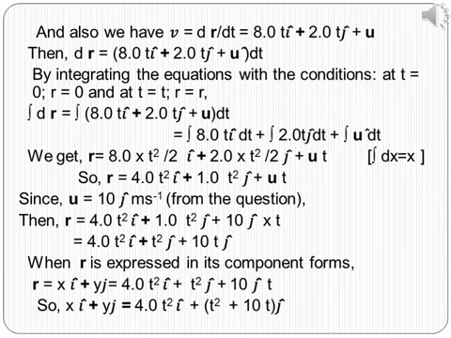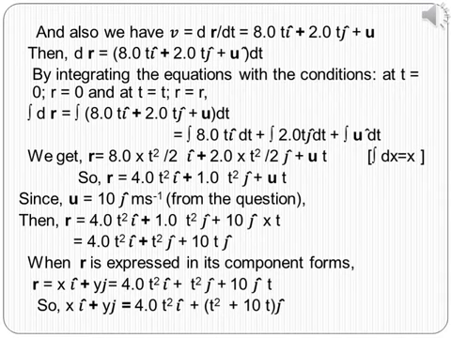So, the integration of dr is equal to the integration of (8t i cap plus 2t j cap plus u) dt, which is equal to the integration of 8t i cap dt plus the integration of 2t j cap dt plus the integration of u dt.